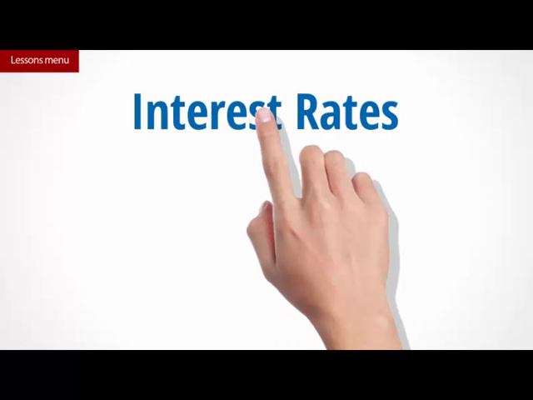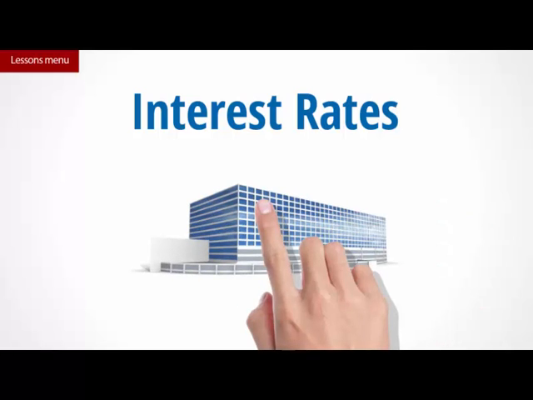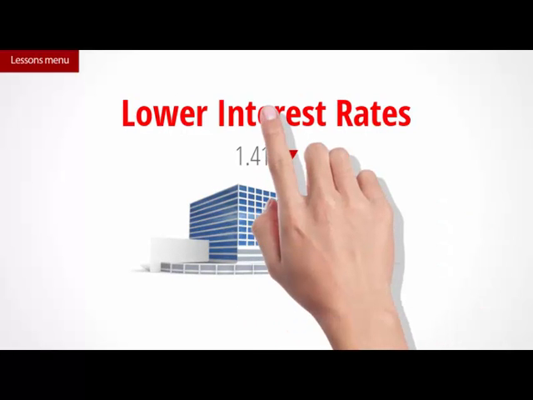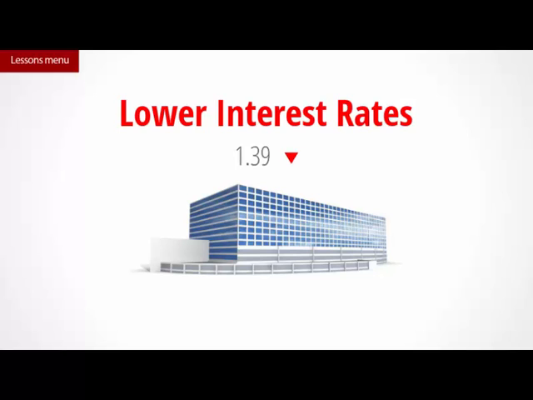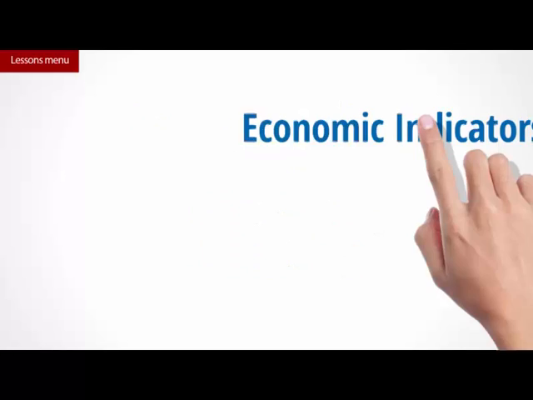Interest rates. Each currency has a daily interest rate determined by the nation's central bank. Lower interest rates can cause the value of the national currency to weaken. Higher interest rates can cause the currency to strengthen.